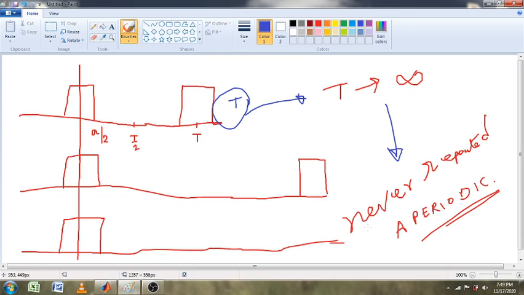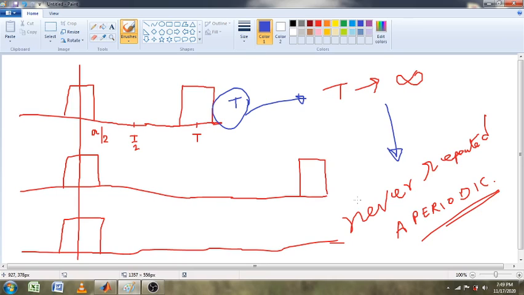So why are these important? Because practically, if you observe any physical signals, none of them are ideally periodic. Periodic signals, by virtue of their definition, need to continue for infinite time. They should repeat after every T interval and never end. But practical signals are seldom like that.